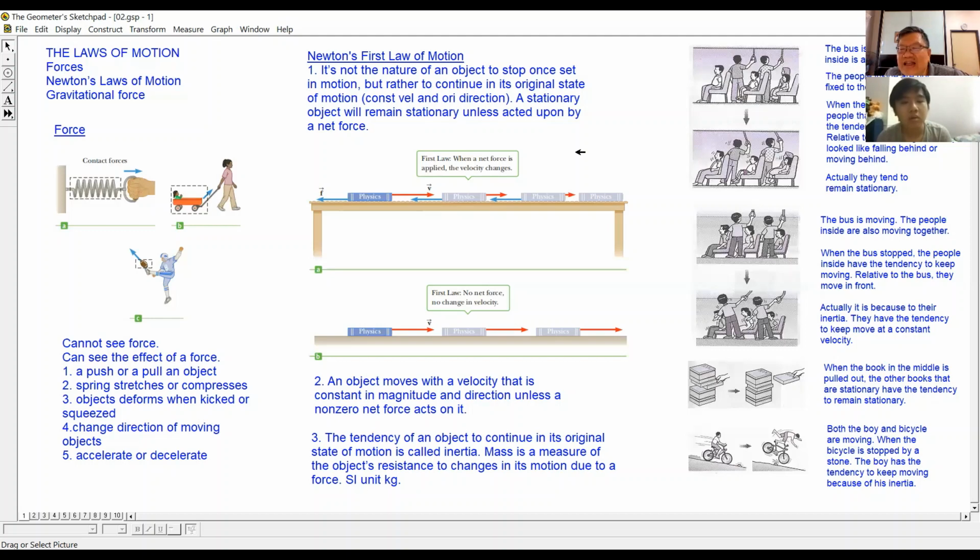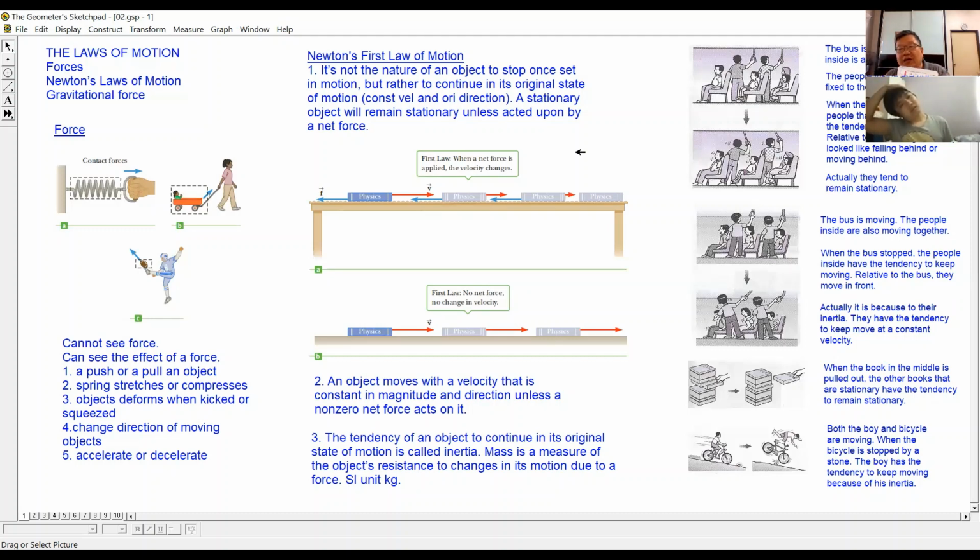Now, do you know what net force is or not? Net force, N-E-T. Net force means there are a few forces acting on this object. Let's say, for example, this is an object, and there are a few forces acting on it, one here, one here, one here, and maybe one at the top and the bottom.